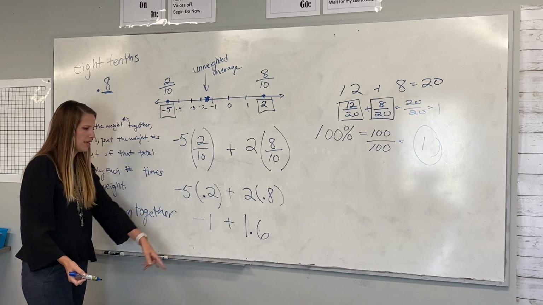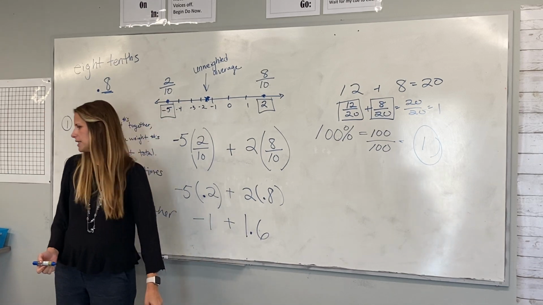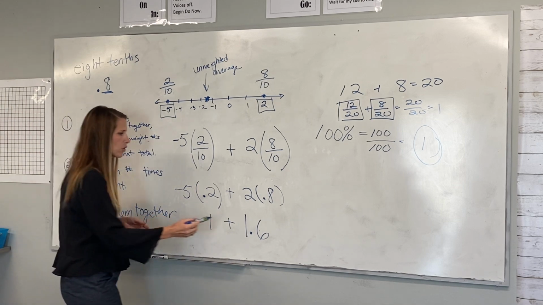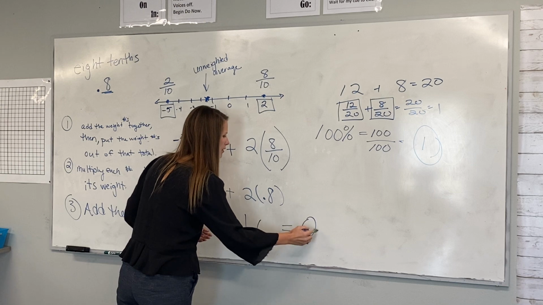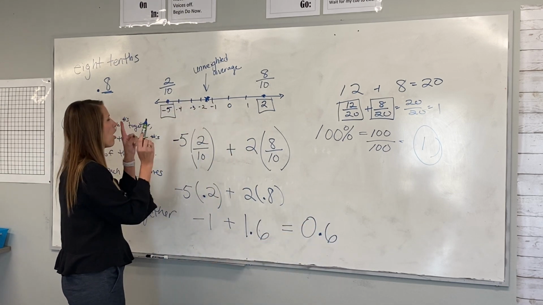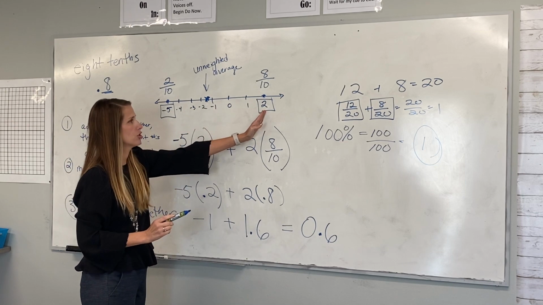Last step, add them together. -1 plus 1.6 is 0.6, right? Yeah.